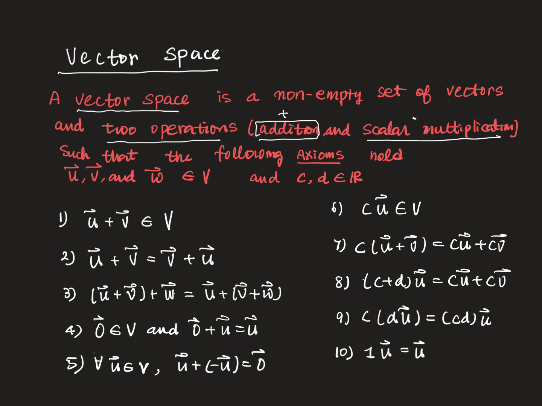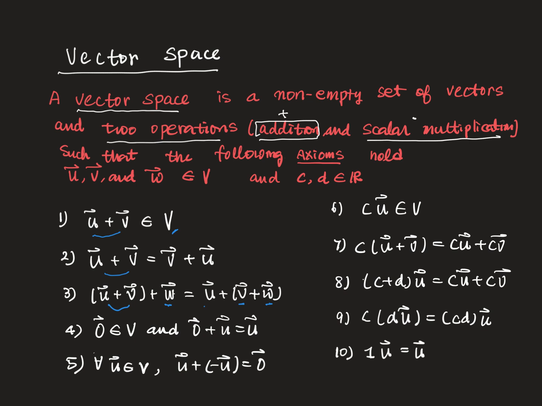Okay, first, look at this. The first one is that adding two vectors in the vector space V, some set, stays in V. Second, commutative: order doesn't matter, vector u plus vector v equals vector v plus vector u. Third one is the associative rule, guys: u plus v, then plus w, equals u plus the sum of v and w.